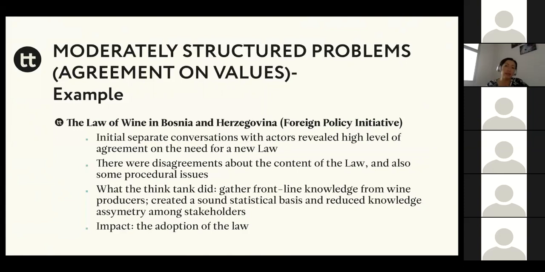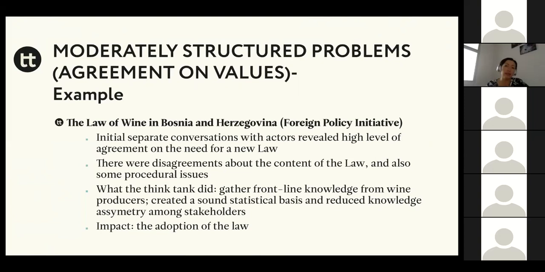And when the think tank started to discuss why we don't have an appropriate law to promote wine in Bosnia-Herzegovina, they had separate conversations with different stakeholders, and there was a high level of agreement that there should be a new law to promote wine in Bosnia-Herzegovina.